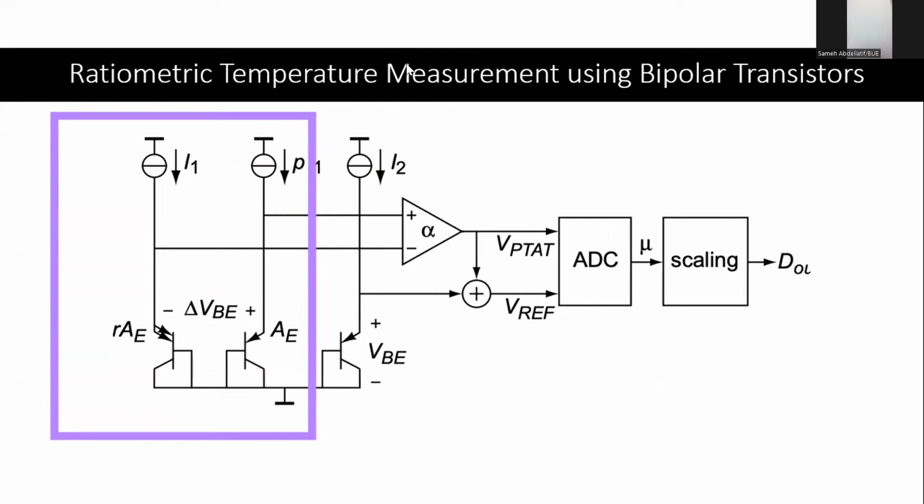If you concentrate well, you can pick up this change: now we have this R factor. We consider this R factor to represent a mismatching factor between Q1 and Q2. So if this emitter area is AE, here the area is R times AE to consider the mismatching. So this is the first point.